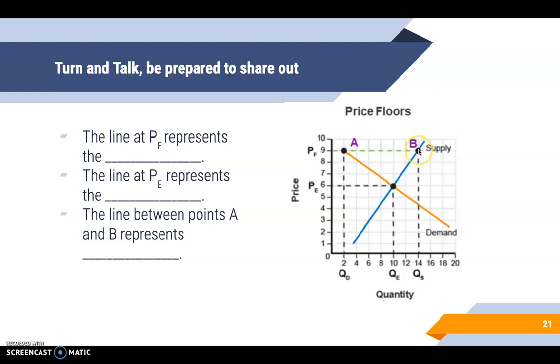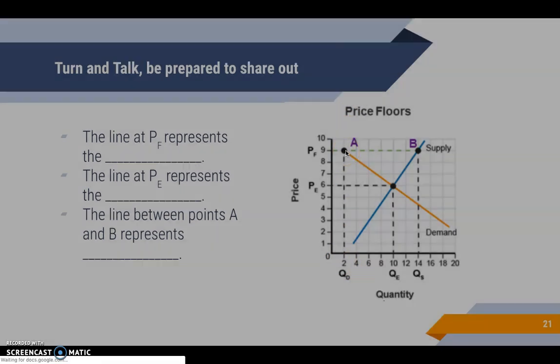So this many workers are now demanding jobs if they're being paid $9 an hour, but companies are only hiring this many people when the price is $9 an hour. So demand, 14 people now say, hey, I want your job at $9 an hour, but the company says we can only hire 2 people when the minimum wage is $9 an hour.